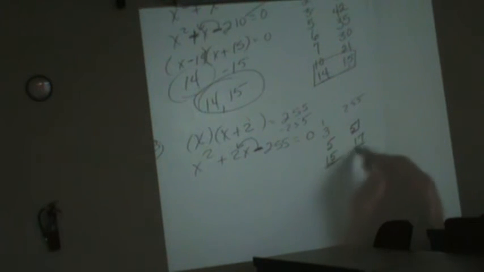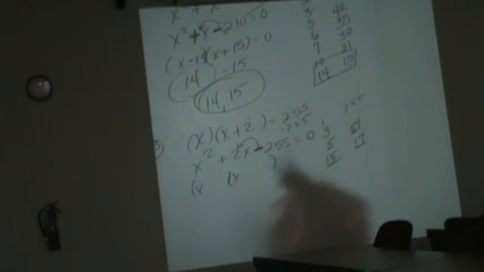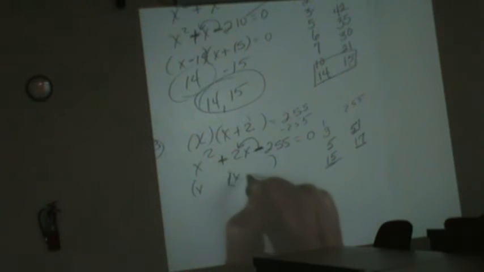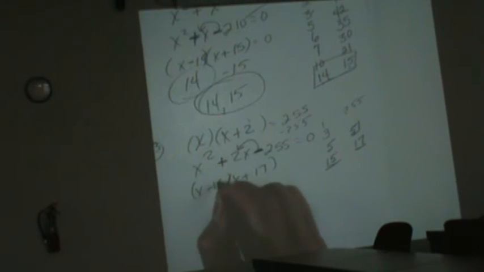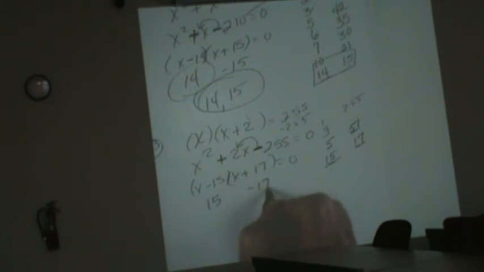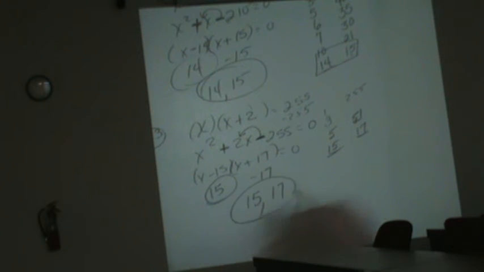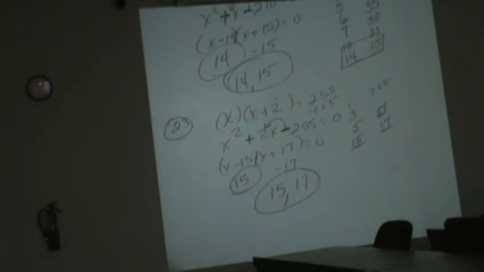And those are consecutive odd, right? So when you factor it, the 17 is positive, 15 is negative. So your numbers are 15 is your first one, and 17 is your second one. Okay? So that's all the consecutive ones that we'll do together.